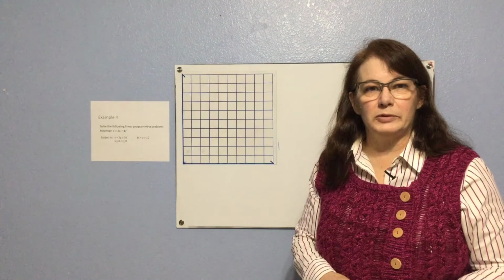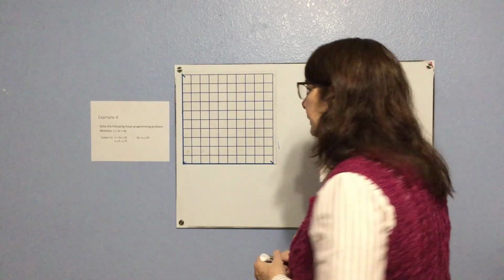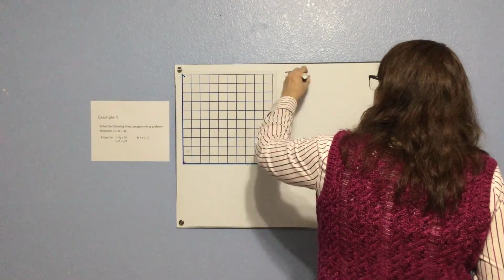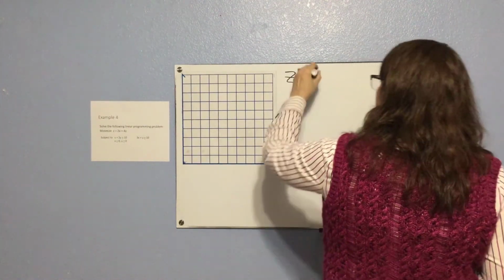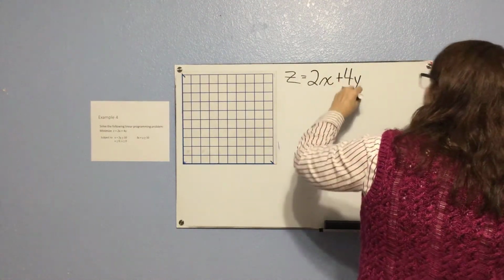I know these problems are long. We're going to work one more and then we'll be done. This time I want to minimize z equals 2x plus 4y.